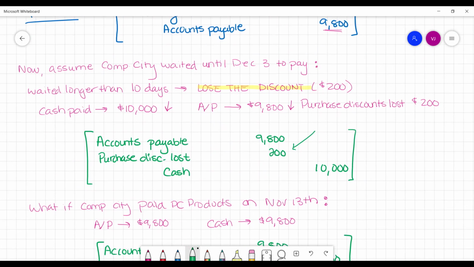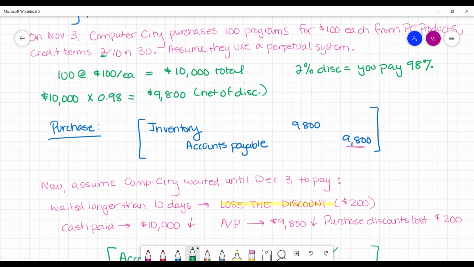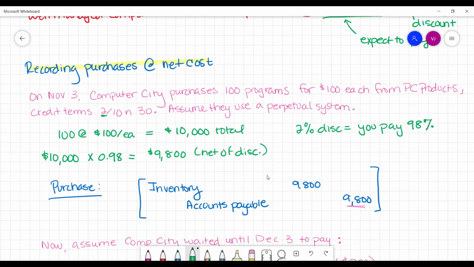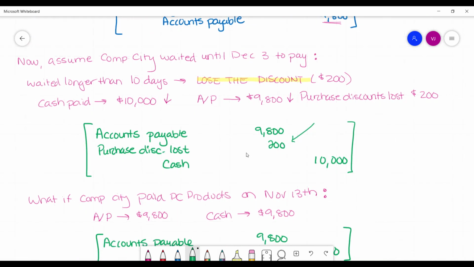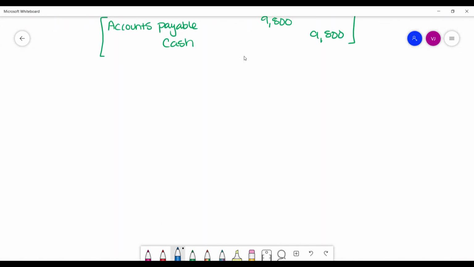Okay, so that was the net method for recording purchases, recording purchases at net cost. But what if you are a company that doesn't opt to do it that way? Then the other method is recording purchases at gross invoice price.